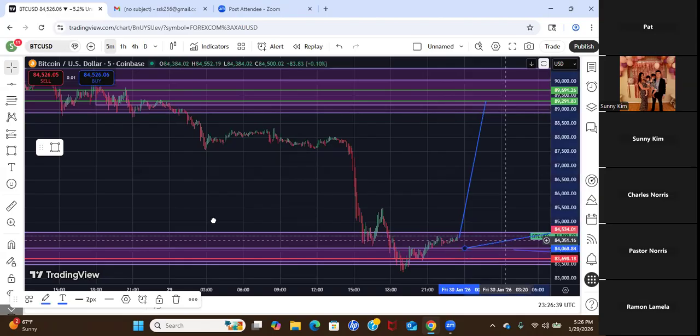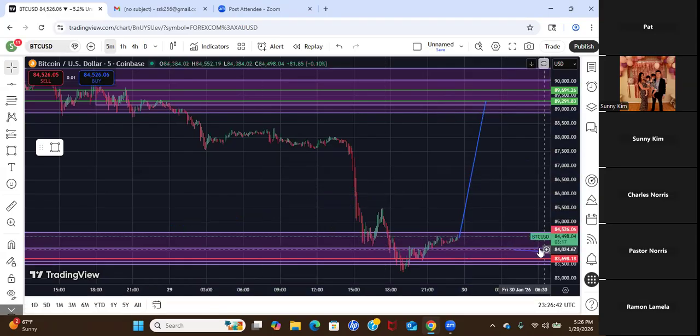So that's how you determine your entry. The green line, price comes here, you sell. The red lines, price comes here and you buy. Those are your entries. I know Erica was asking about it as well.